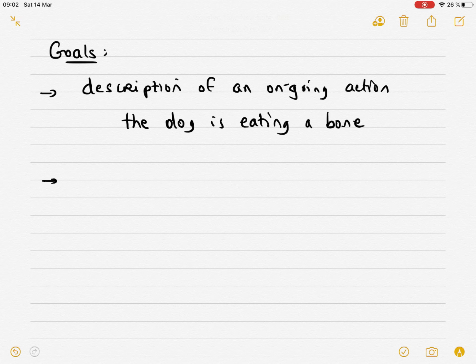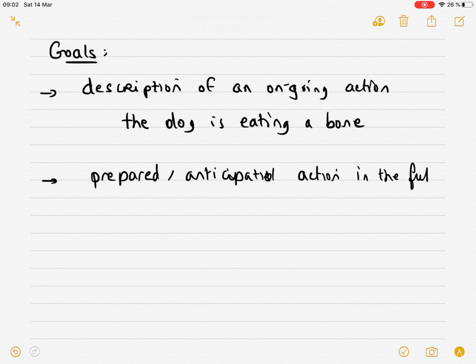Second reason for using the progressive present is when an action has been prepared in the future. So a prepared or anticipated action in the future. For example, you would say, what are you doing tonight?